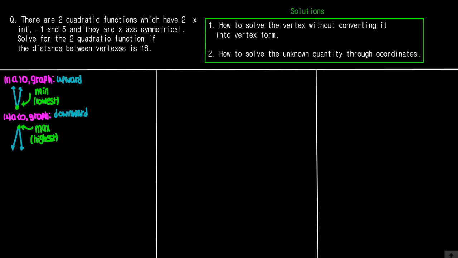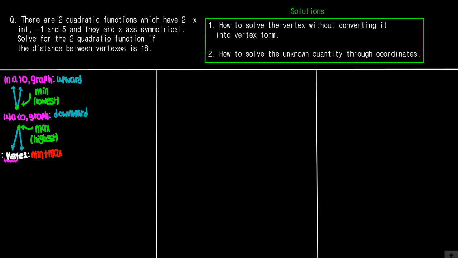Generally, our vertex is the same thing as combining the possibilities of the minimum point and the maximum point. If you add those two possibilities, it will create our vertex.